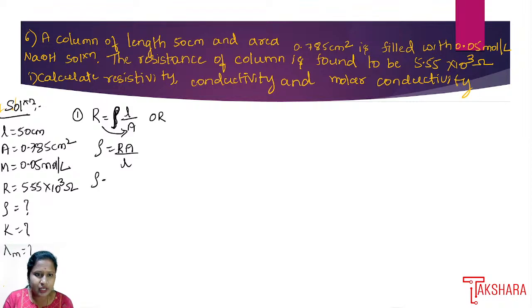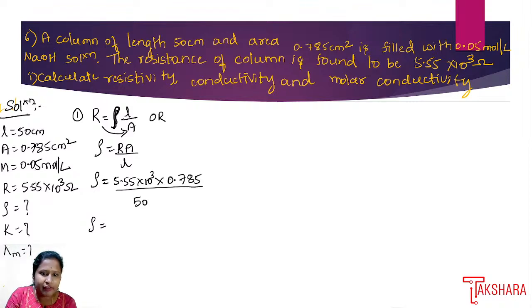So rho = R, 5.55 × 10^3, into A, 0.785, divided by L, which is 50 centimeter. 5.55 into 0.785 is 4.35675 × 10^3, divided by 50.